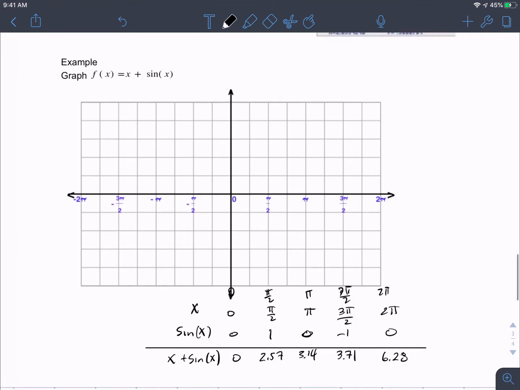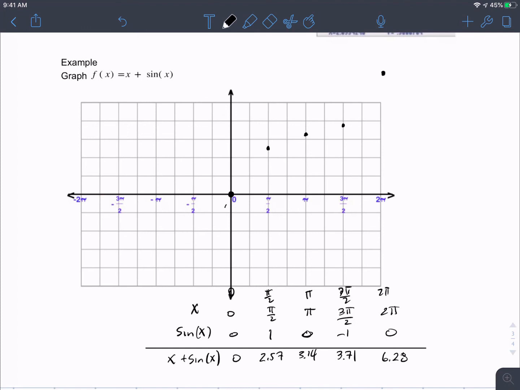So when we go to graph this, at 0, it's going to be 0. At pi over 2, it'll be 2.57, something about there. At pi, it's going to be 3.14, which will be something about there. At 3 pi over 2, it'll be 3.71, which is a little bit higher value. And then at 2 pi, it's going to be 6.28, which is somewhere about here.